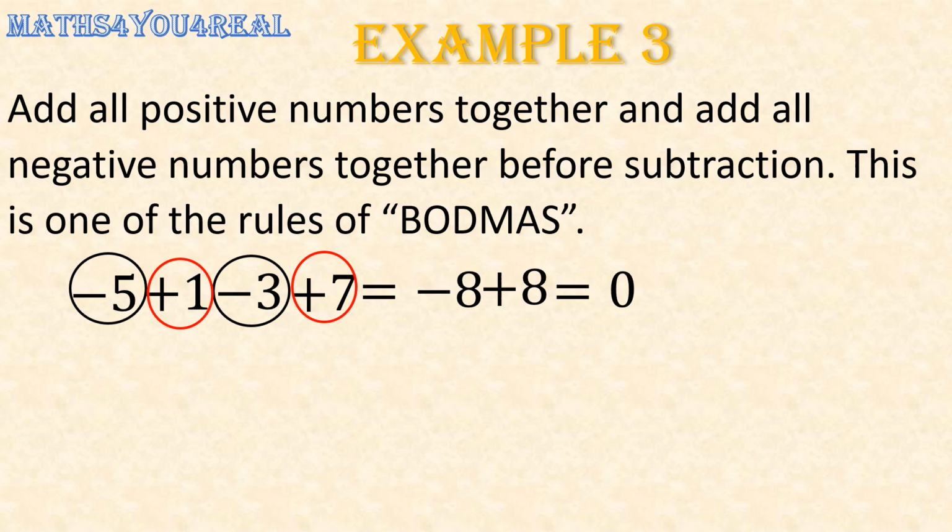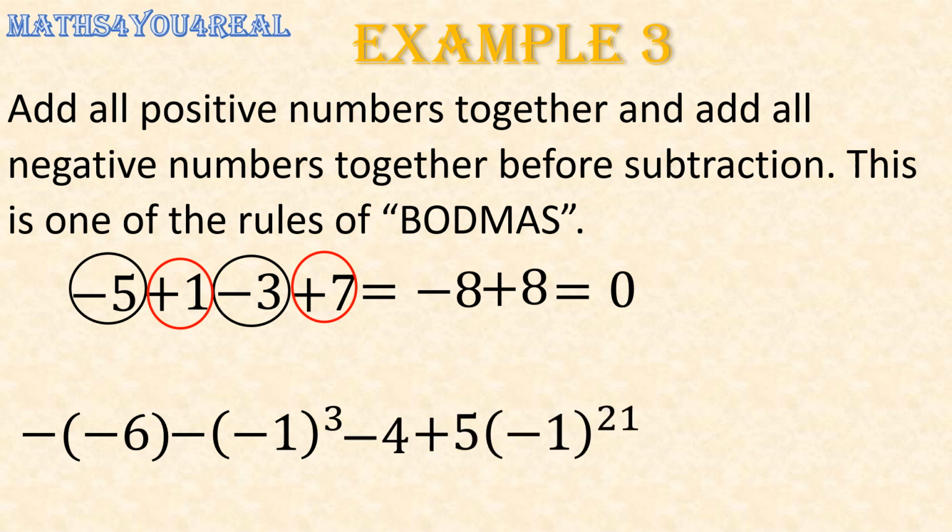The following looks a bit complicated but it's easy to solve when we follow the rules. So minus minus 6 minus minus 1 to the power of 3 minus 4 plus 5 times minus 1 to the power of 21. The rule says, first simplify the numbers with multiple signs. Hence, minus minus 6 is equal to plus 6.